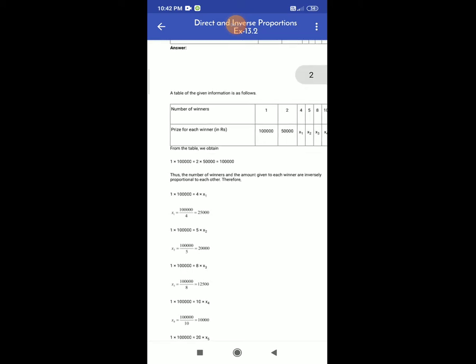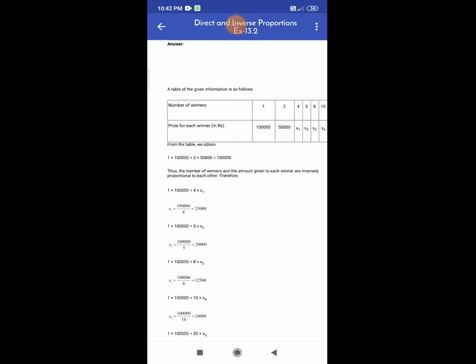Second, 1 multiplied by 1 lakh is equal to 5 multiplied by x2. So, dividing by 5, x2 is equal to 1 lakh by 5, which is 20,000.